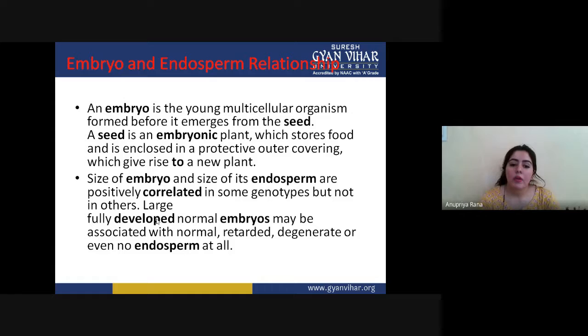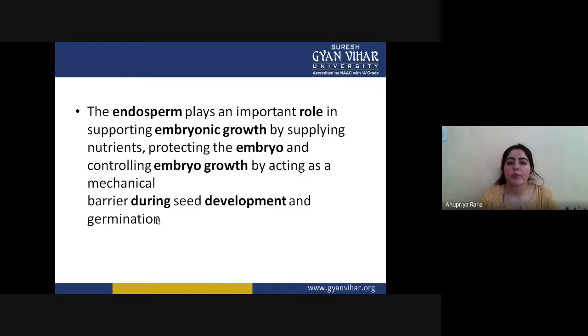Fully developed normal embryos may be associated with normal, retarded, or degenerated endosperm, or even no endosperm at all. Sometimes the embryo does not need endosperm because it already gets nutrition from the cotyledon. In that case endosperm is not present, and that is a non-endospermic situation.